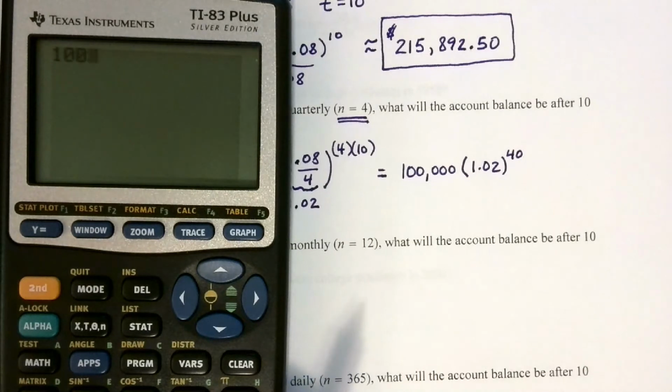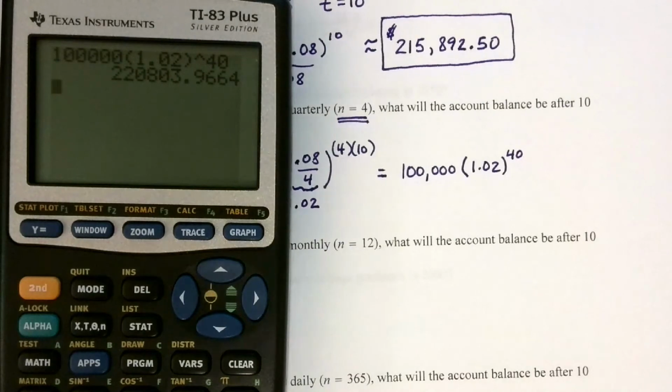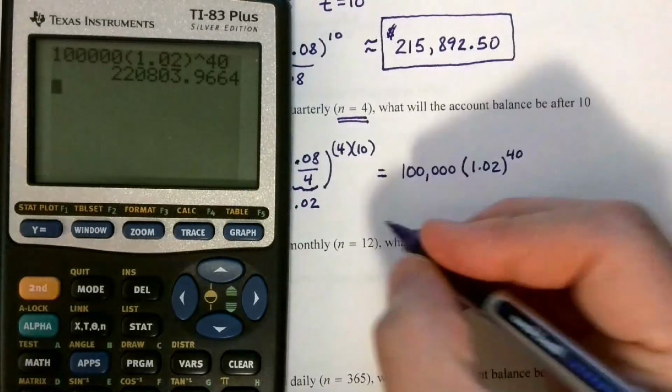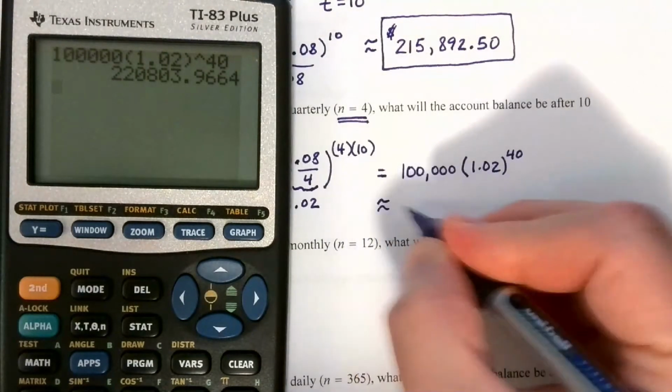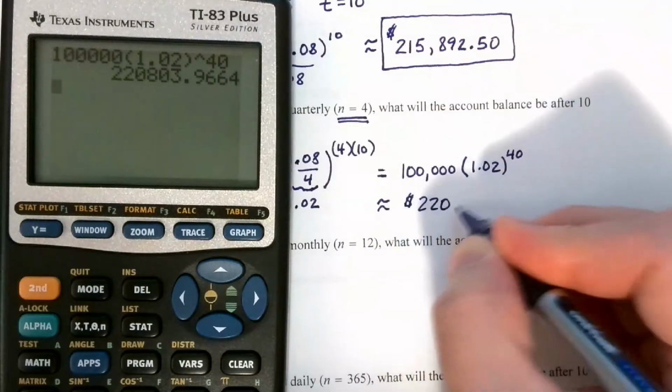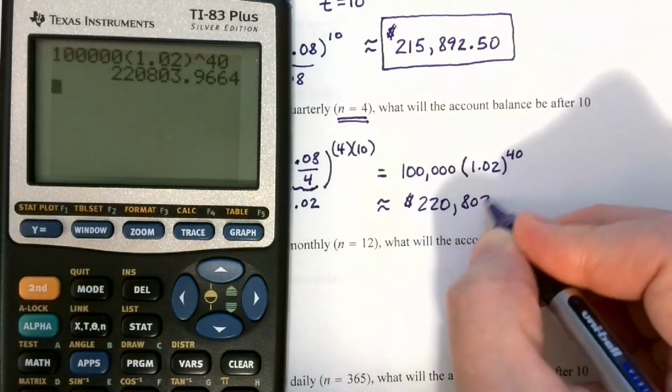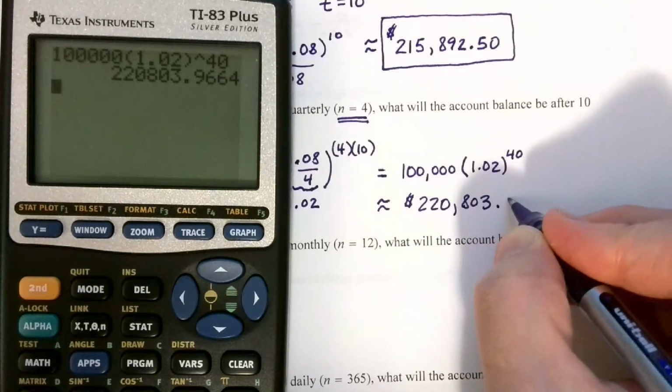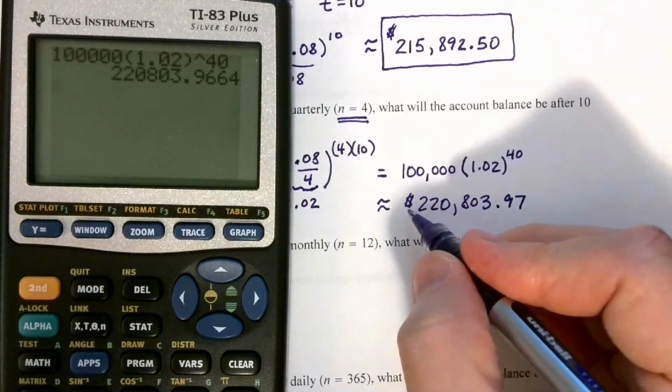So 100,000 times 1.02 to the 40th. All right, so now we get 220,803.97.